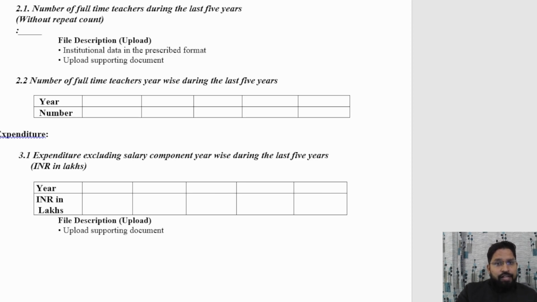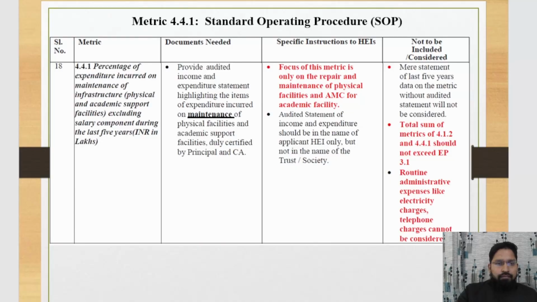Expenditure excluding salary component year wise during the last 5 years means expenditure on new infrastructure and expenditure on maintenance of infrastructure and other facilities. This total sum is to be mentioned here.